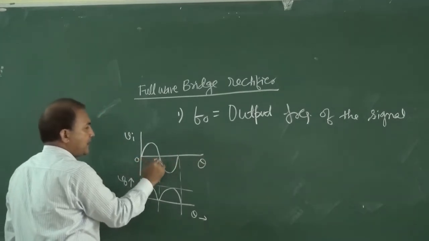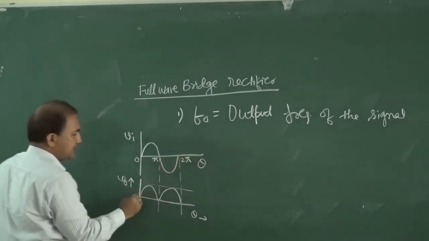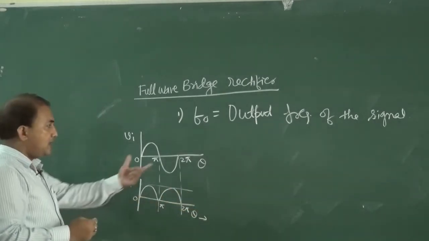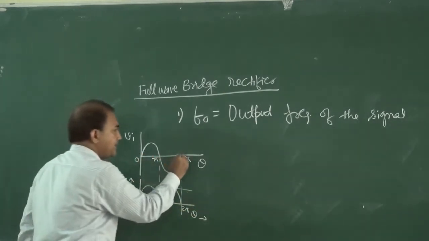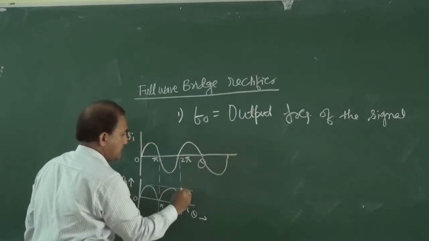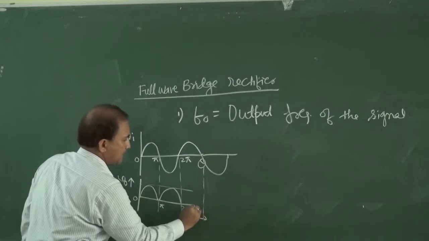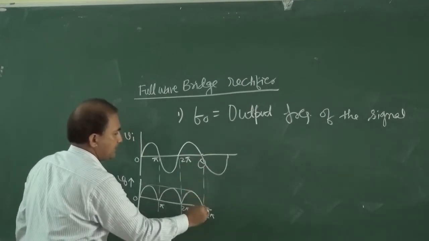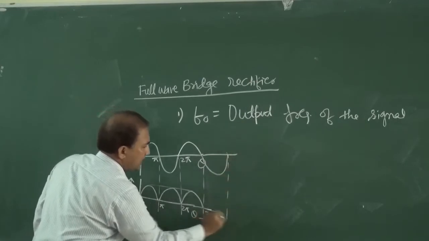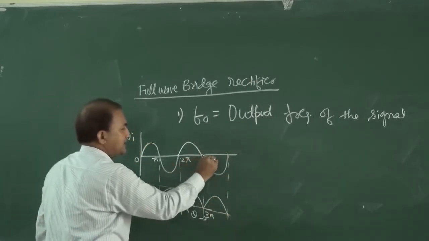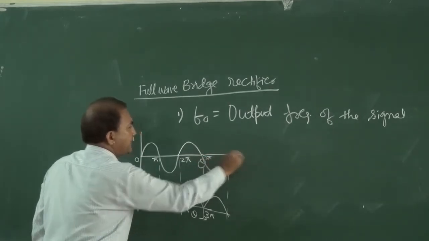Here it is 0, pi, 2 pi, here it is 3 pi, and here it is 4 pi.